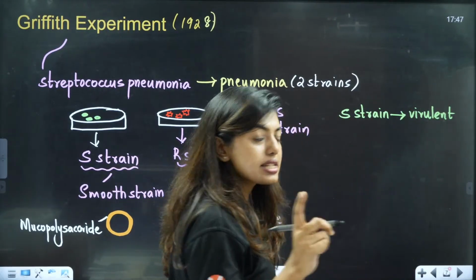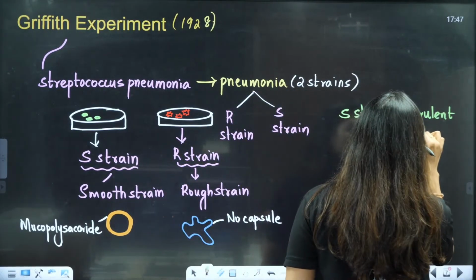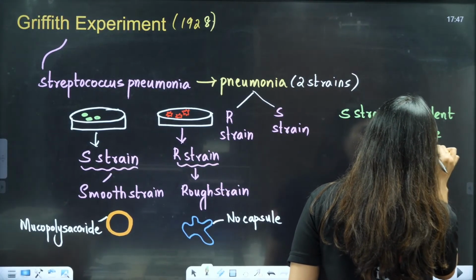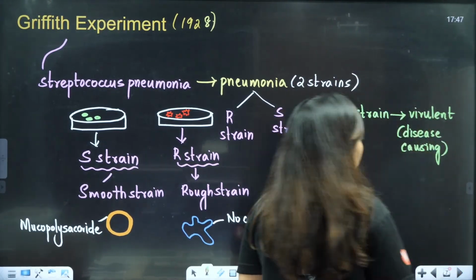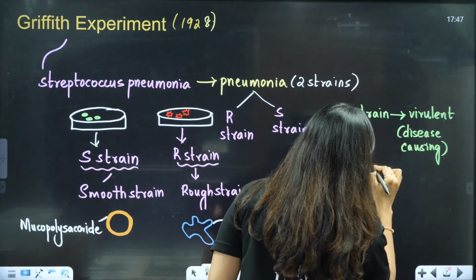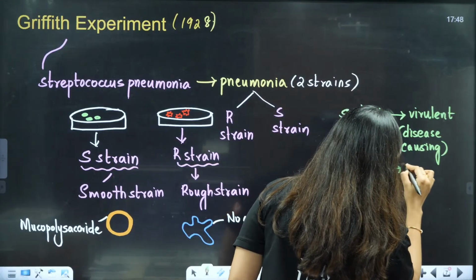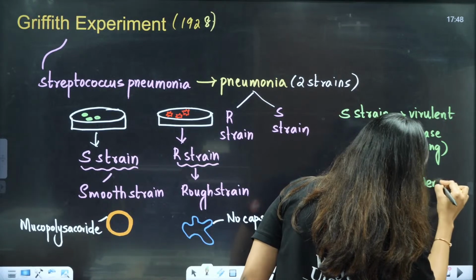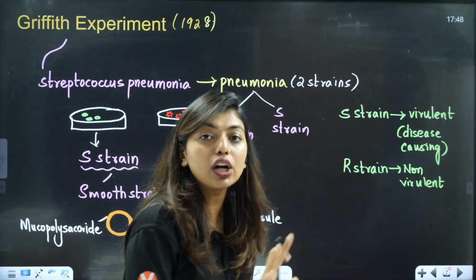Now what about R strain? Obviously, S strain is virulent, so R strain is non-virulent, and it was not disease causing.